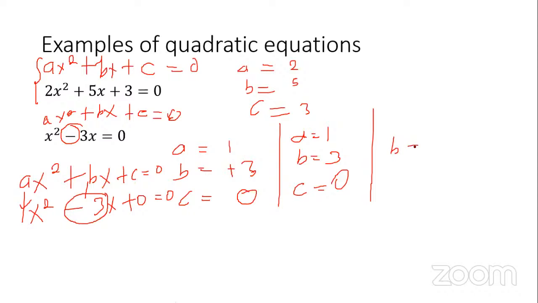So our b should be negative 3. On the upper one the b was 5 because this 5 was positive. But if it was negative, then we would have said that b is negative 5. So here we should correct that error and have our b as negative 3. Is that okay? Yes, sir.